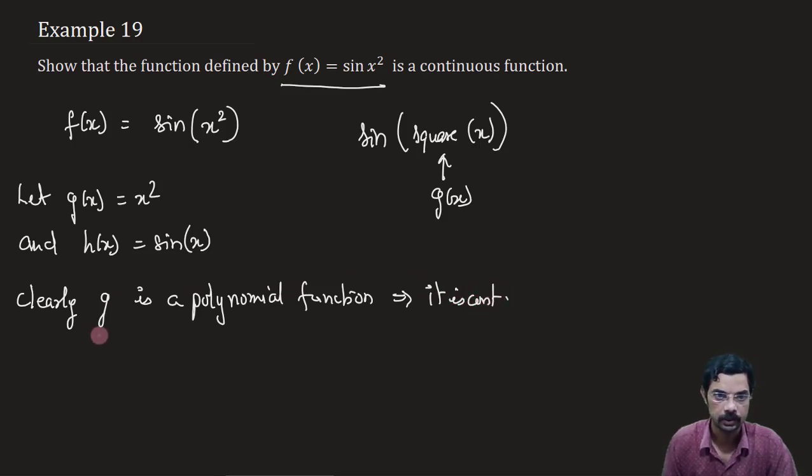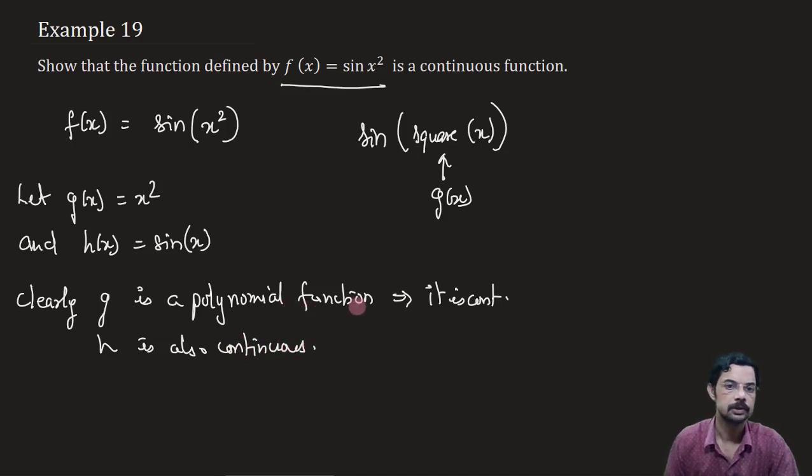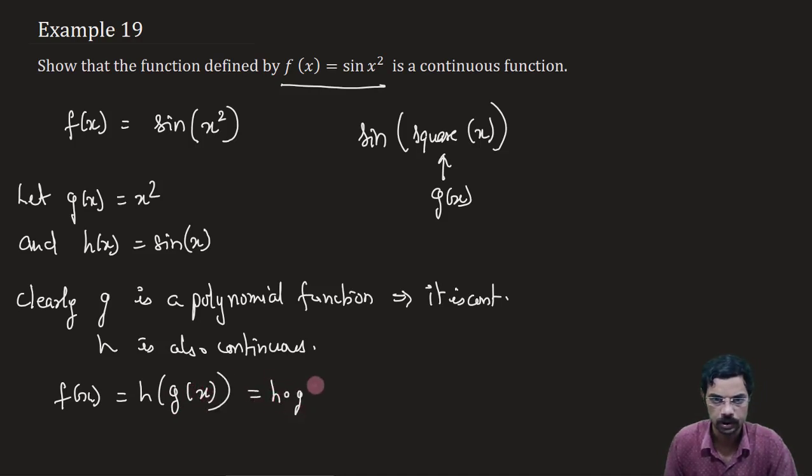And h is the sine function, also continuous, because we have just proved that the sine function is continuous. So f of x can be written as h of g of x, that is, h o g of x.